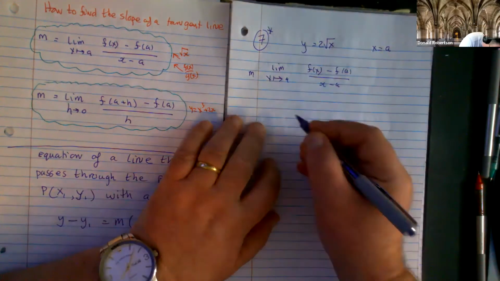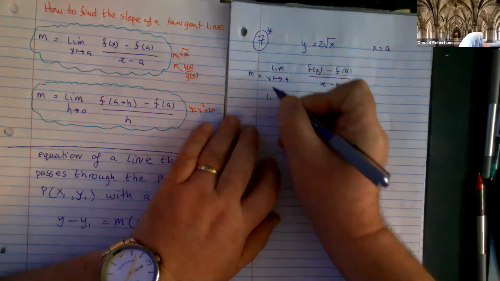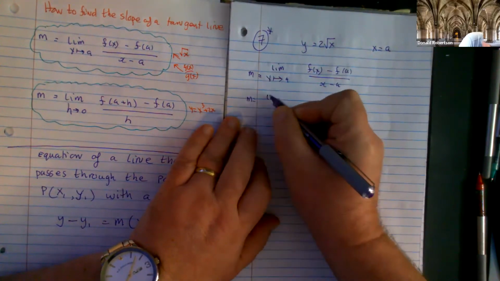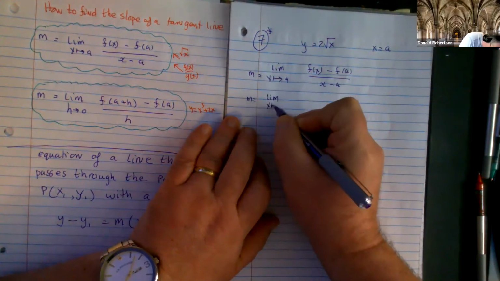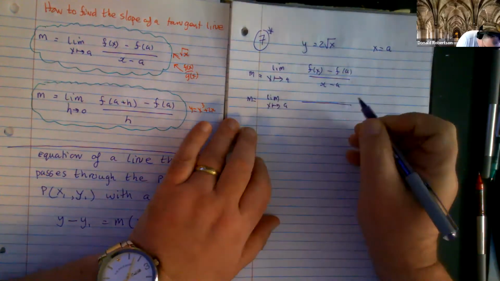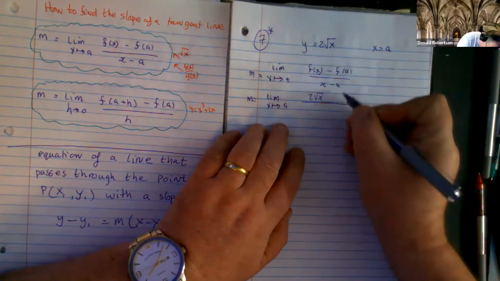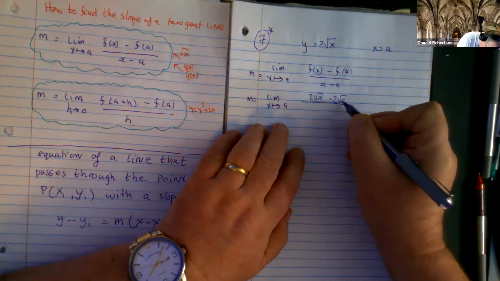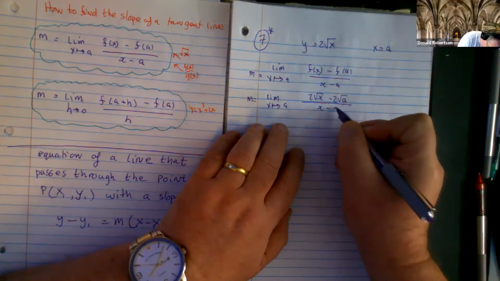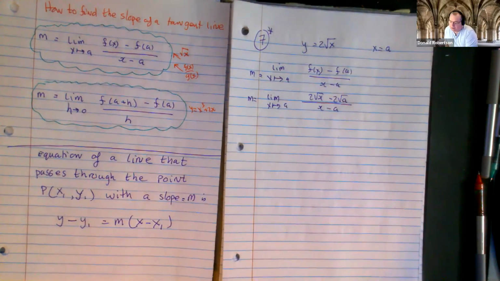So the slope of the tangent line m is the limit as x tends to a. f of x is that guy. f of a is that guy. So far, so good.